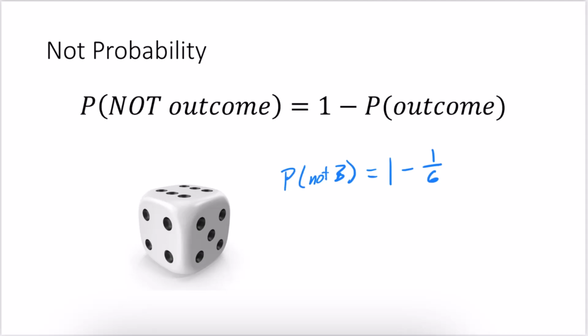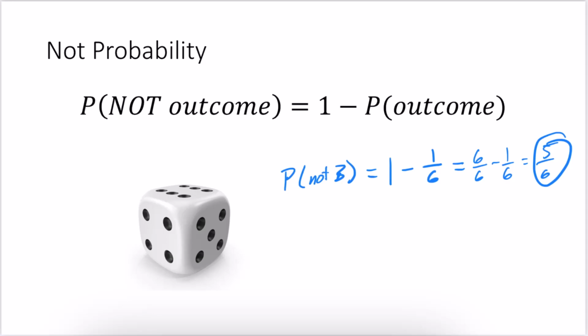If you take 100% and you subtract that probability, that would equal the probability of not rolling a 3. So in this case, 1 could be rewritten as 6/6. If you subtract 1/6, that gives you 5/6 for the probability. And this makes sense because there are 5 numbers that are not 3 on a die. So this is how you calculate not probability.